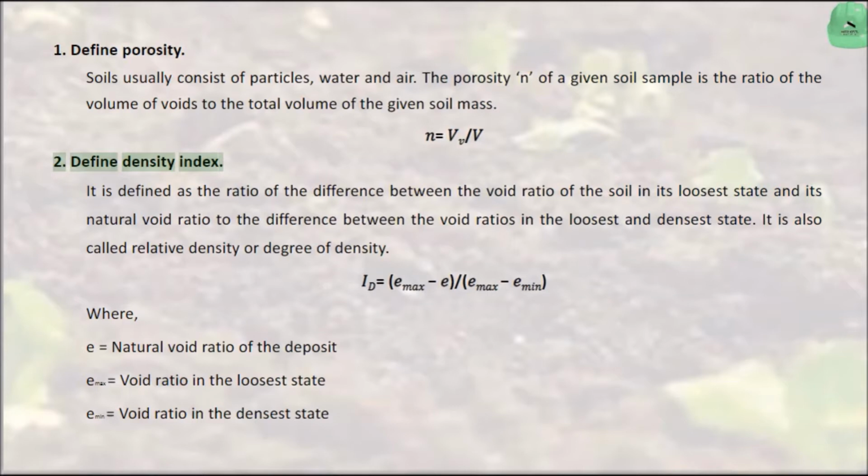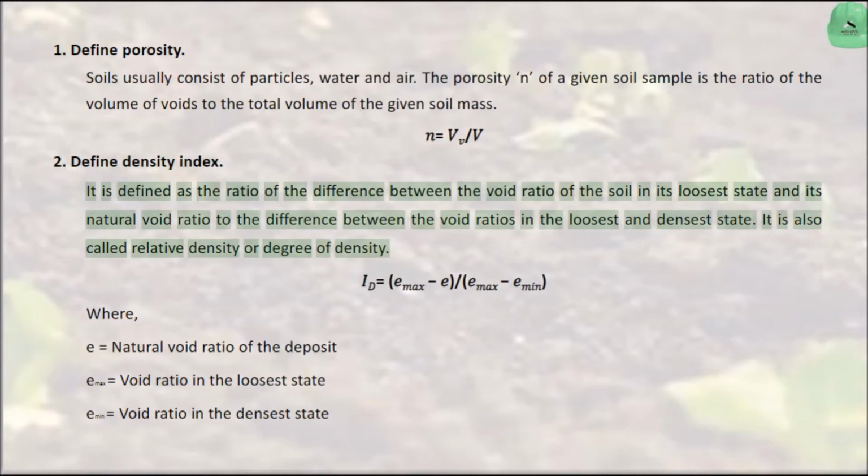2. Define density index. It is defined as the ratio of the difference between the void ratio of the soil in its loosest state and its natural void ratio to the difference between the void ratios in the loosest and densest state.